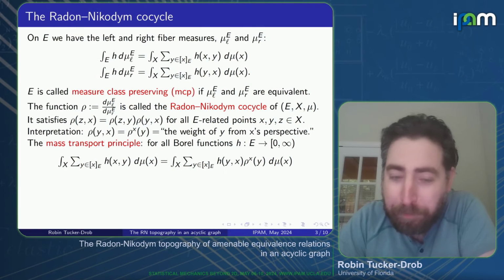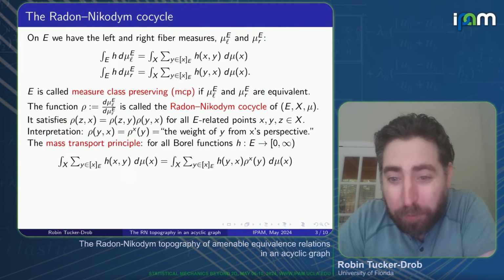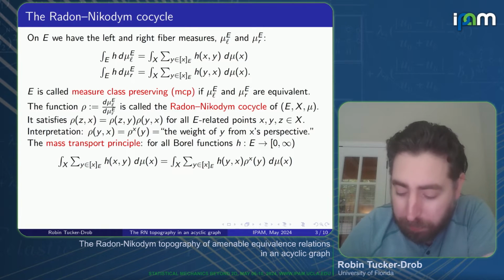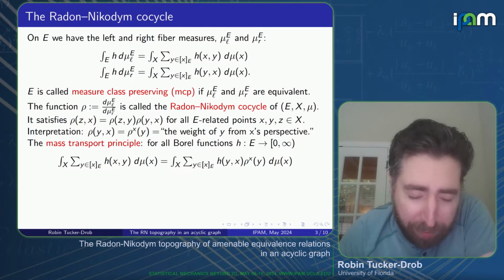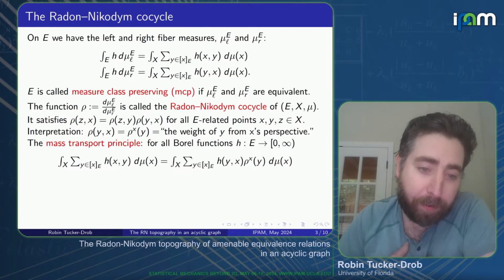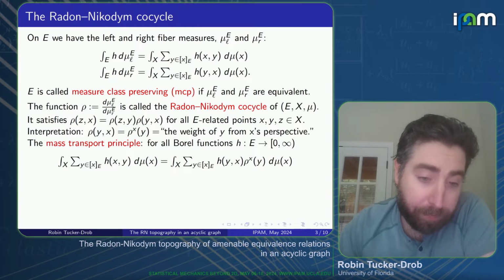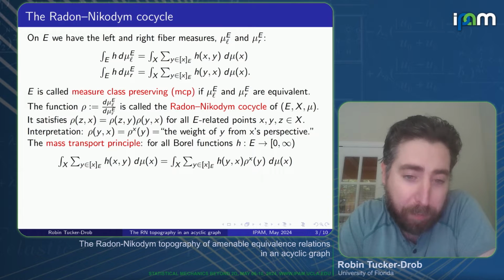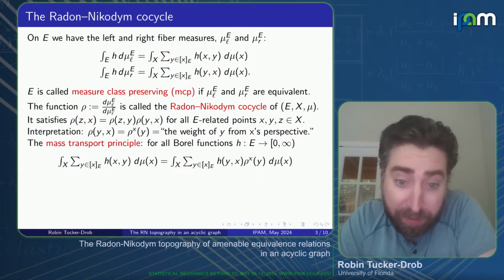And of course, this whole setup is that there is no absolute notion of what 1 gram is. Everyone just has its own notion of 1 gram, and we're allowed to compare the relative notions. I'm using the cocycle, but there is no absolute fact of the matter of what 1 gram is.